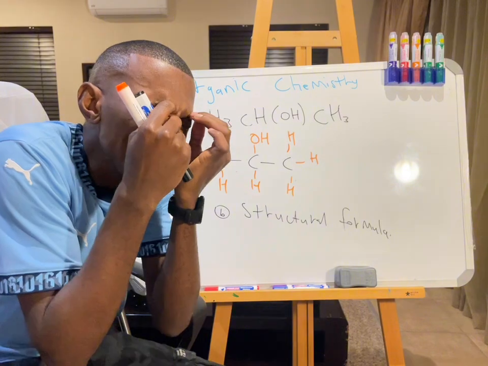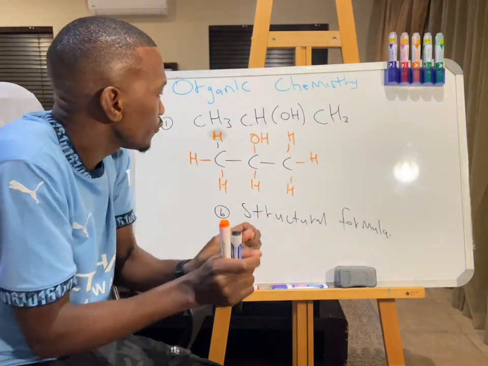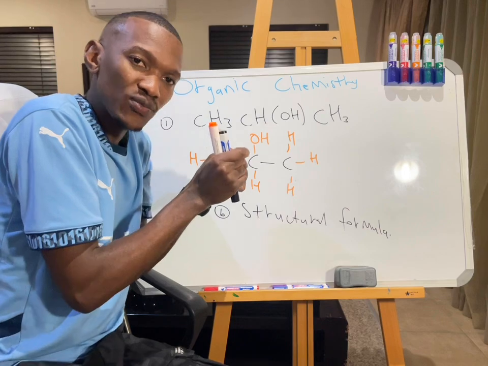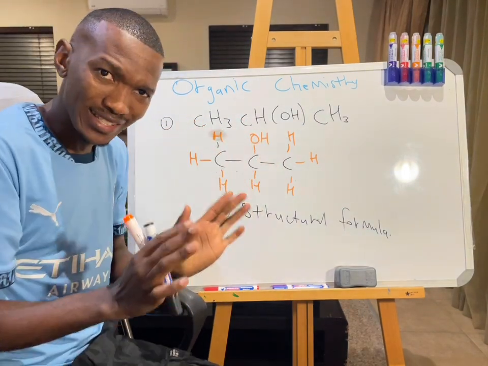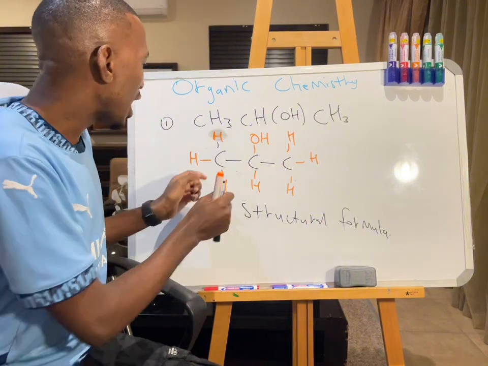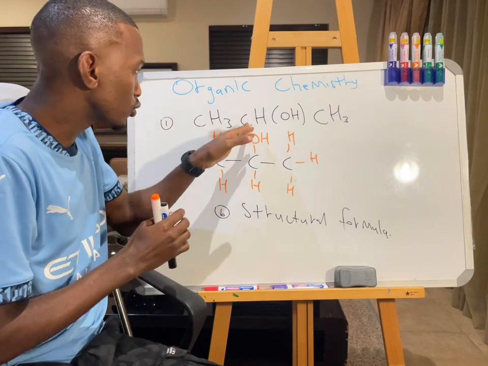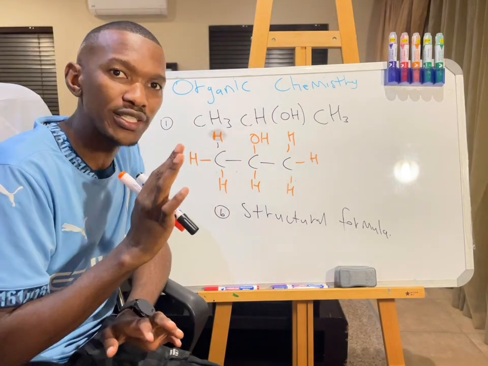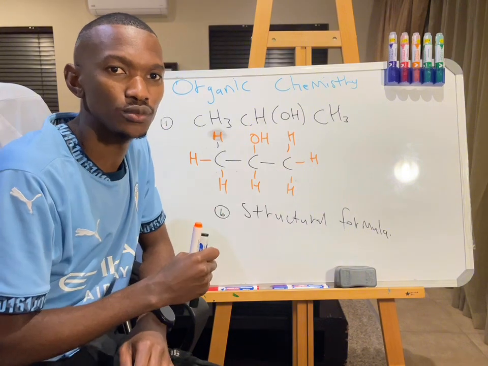Now, I want you to understand the difference between a structural formula and a condensed structural formula. Look, these two are the same. They have similarities. The only difference is that here, I remove the bonds, these lines. Then it's going to look like this. That's the only difference between a structural formula and a condensed structural formula.